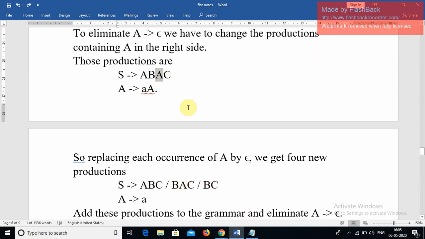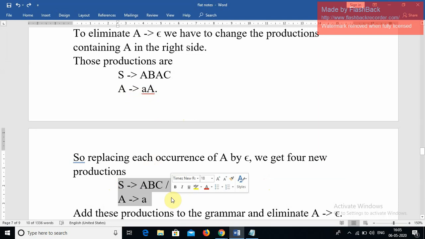Okay, so substitution of A in the right hand side will give these production rules, and in the A production also we can substitute epsilon here, we will get A to A. Okay, so after removing the A to epsilon production, this is the grammar.